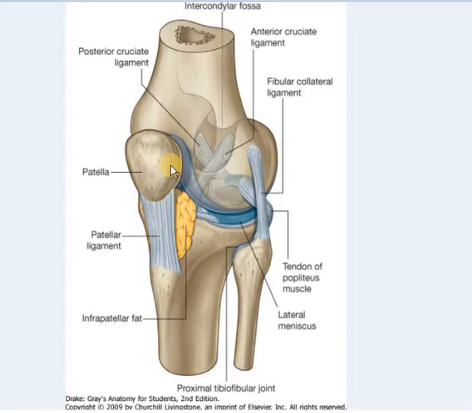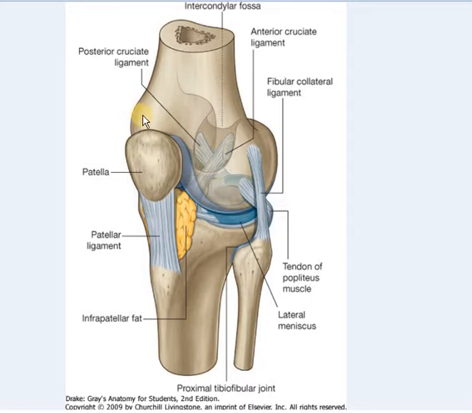Please pay attention to this diagram. This is the femur bone, this one is the patella, and this is the tibia. This is the anterior view of the left knee joint. This one is the fibula, which lies on the lateral side of the tibia. These are the two condyles of the femur, this one the lateral condyle and this one the medial condyle.